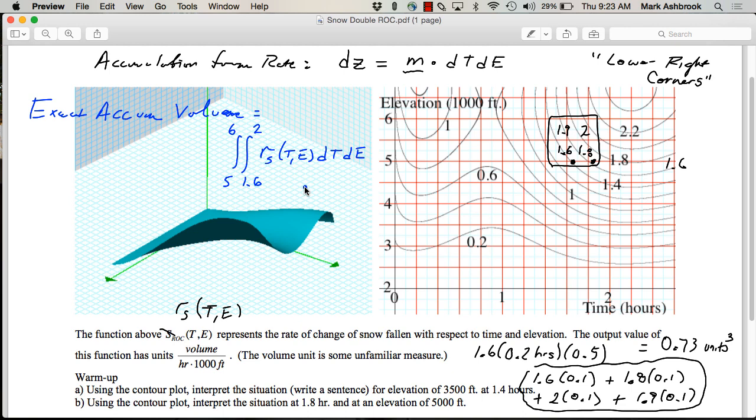You would do the same thing with any variable e that you would do with a constant when you take the antiderivative. Then you evaluate that antiderivative from 1.6 to 2, plugging in the t values, and then you have a single integral with respect to e. All the t's will be gone, and you do the antiderivative and evaluate from 5 to 6. And you get a number, hopefully something close to 0.73.